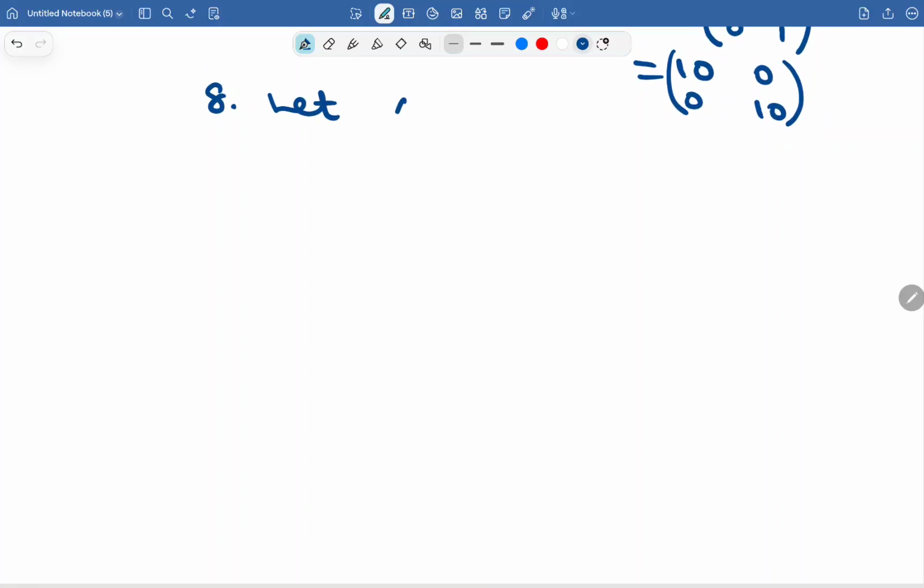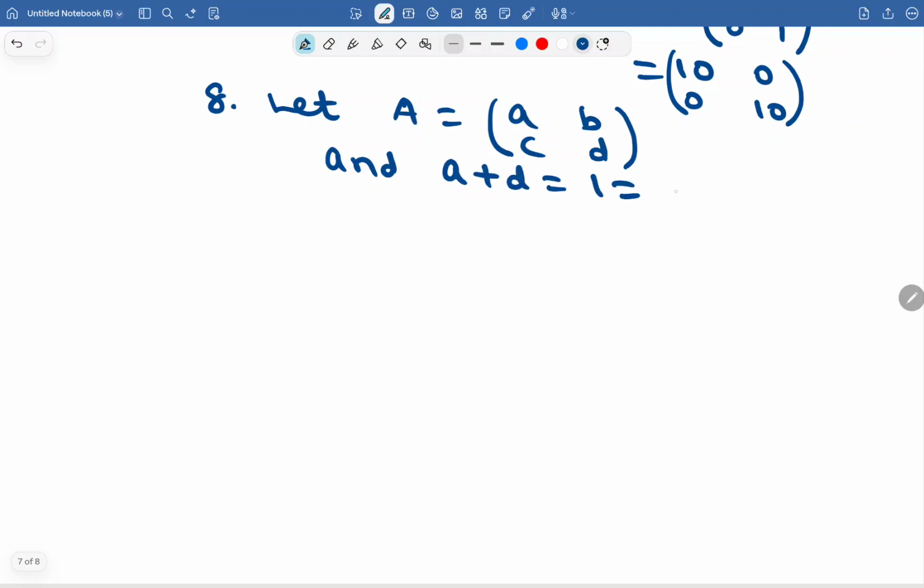Let A equal to [A B, C D] and A plus D equivalent to 1, which is equivalent to AD minus BC. Then we have to find A cube.